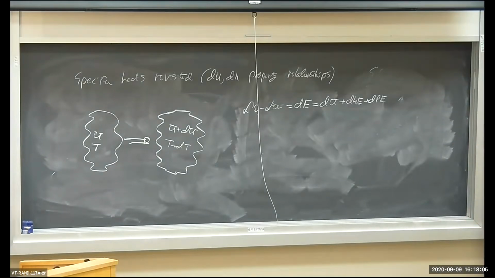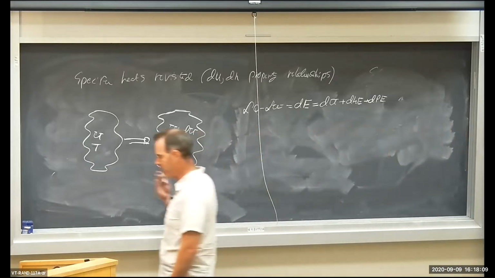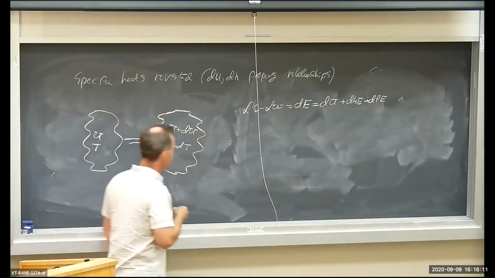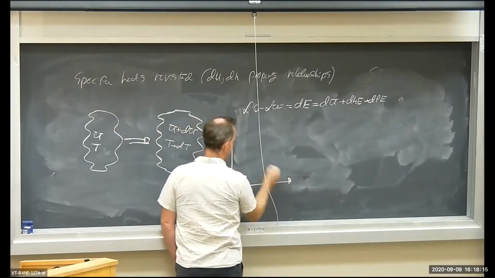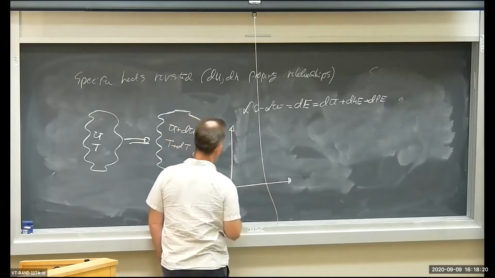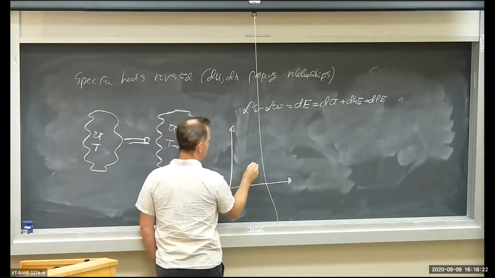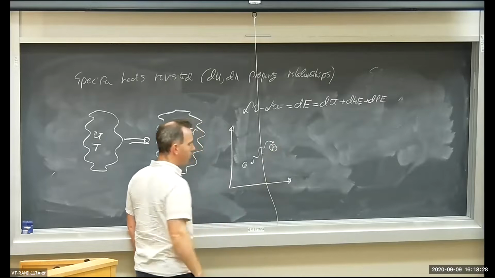Let's apply this equation to the system. How do we go from one state to another? Let's say this is state 1, and this is state 2. This is a differential process.